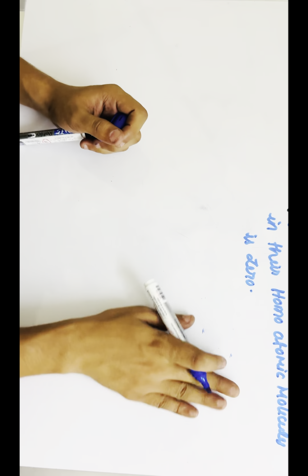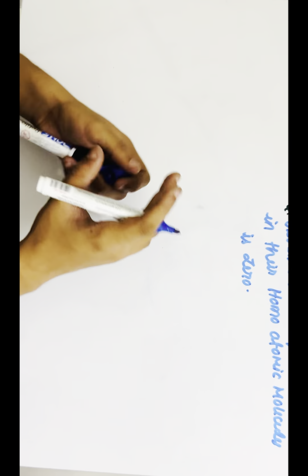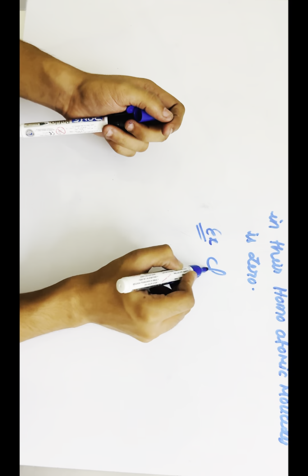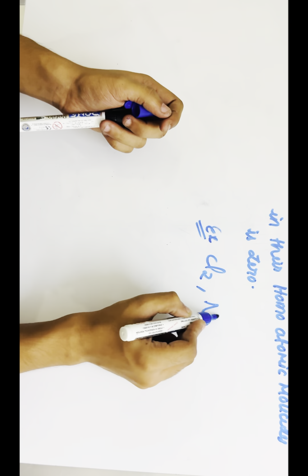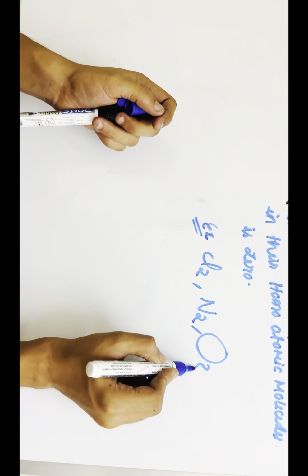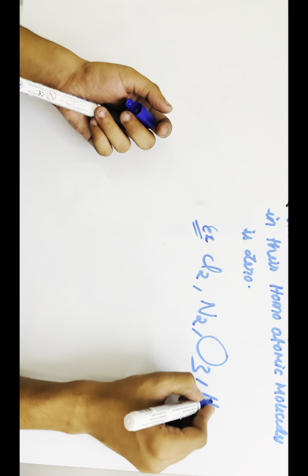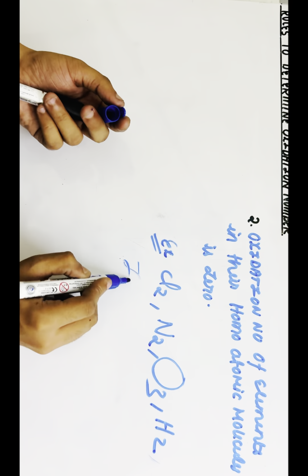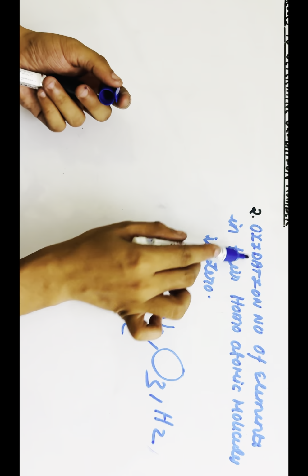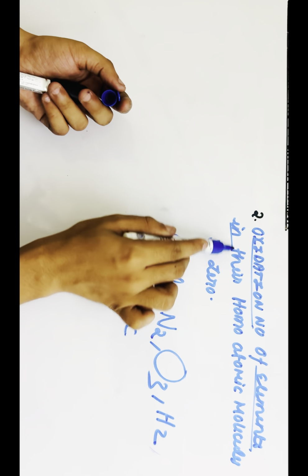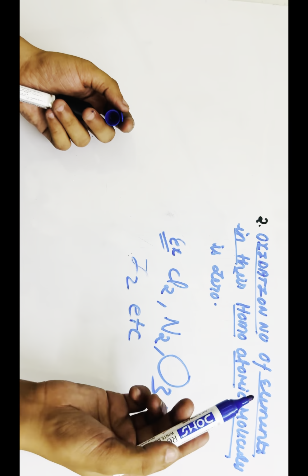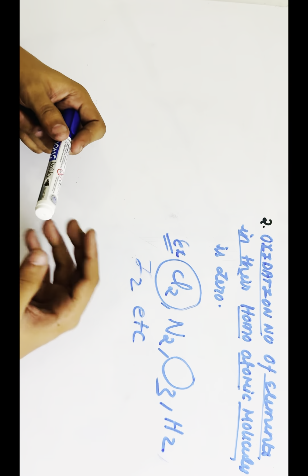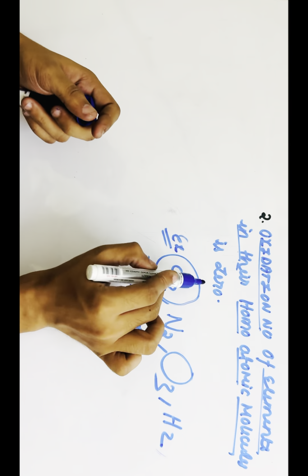There may be two elements or three elements, but they are all the same. For example Cl2, N2, O3, H2, and there are lots of examples like I2. So the oxidation number of elements in their homoatomic molecules, where the elements are the same, will be 0.